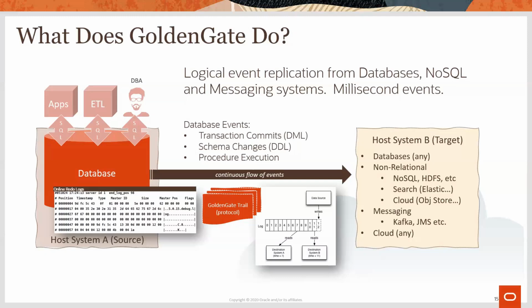We are capturing transactions and replaying those transactions on very low-level protocols directly to the targets in some cases in a very fast manner, and in order to provide millisecond level failover capabilities between sites that are at great distance, hundreds or even thousands of kilometers. So you can get very, very good performance out of GoldenGate at very, very large scale.